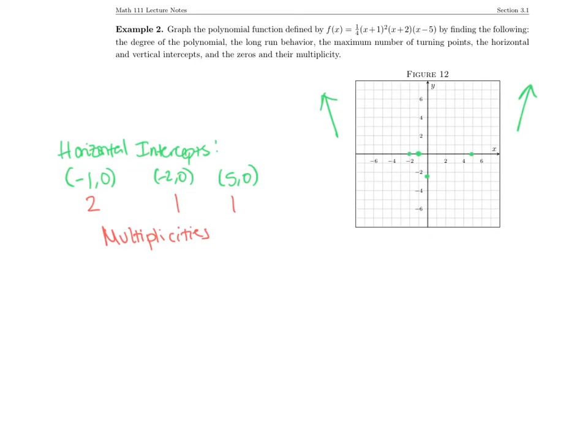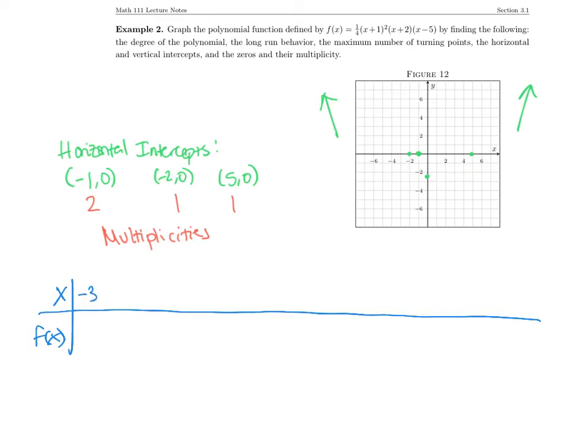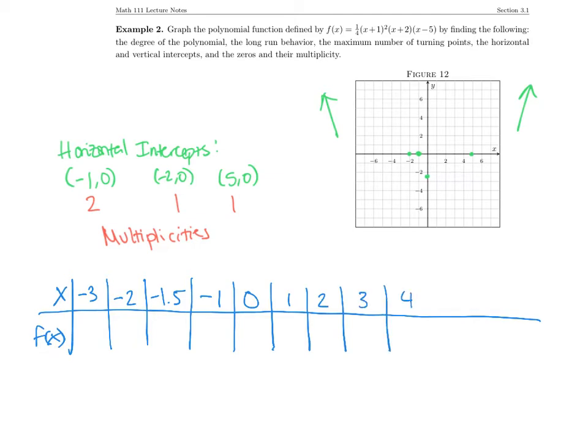So let's make a big table of x all the way across the page, f of x. So we'll start at -3 since that's to the left of -2, and then -2, and then here comes that decimal of -1.5, and then -1, 0, 1, 2, 3, 4, 5, 6.